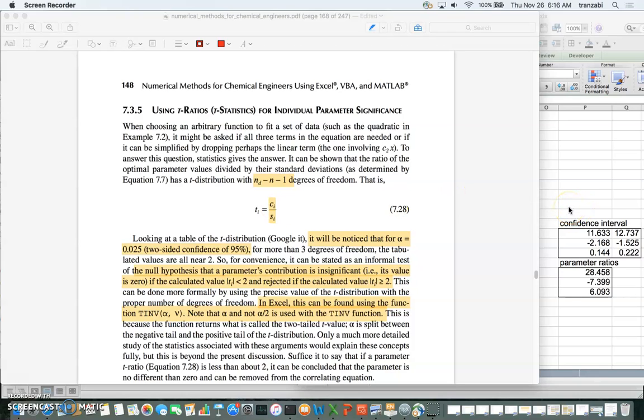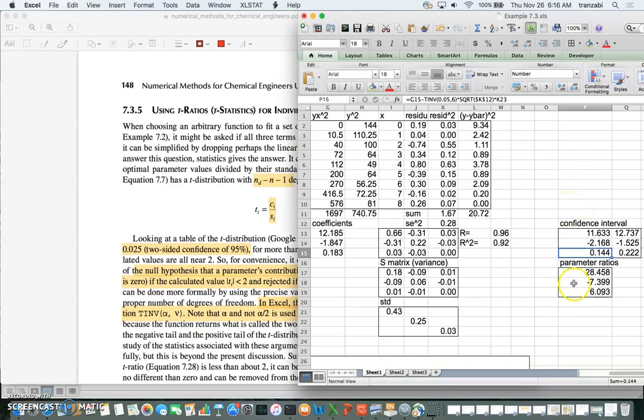Let's look at this example, the same example we just looked at. So I'm going to go ahead and calculate the t-ratio. The t-ratio by definition is the coefficient itself. For the first one, it's going to be 12.185 divided by its standard deviation, which we calculate right here. So the coefficient divided by the standard deviation gives me the first t-ratio.